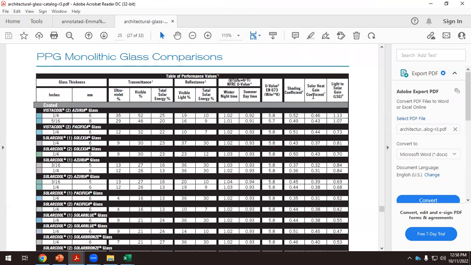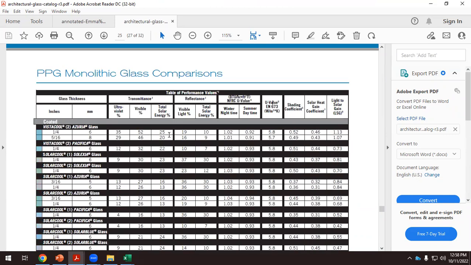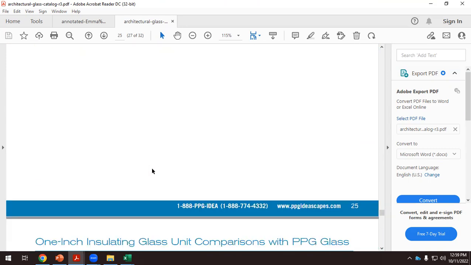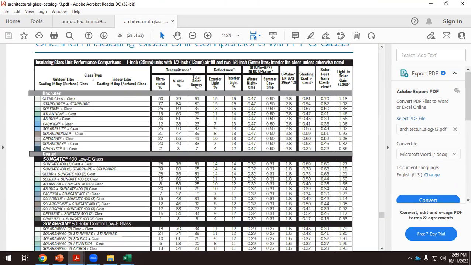So we have the solar heat gain coefficient and the U value, and we don't have to calculate anything. We have to go over those catalogs, and then we can select the material that is better for our buildings. But this is it.